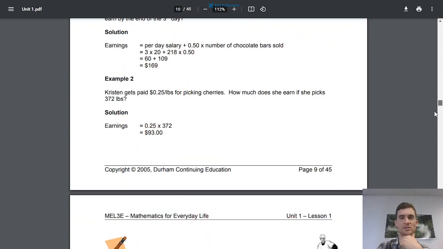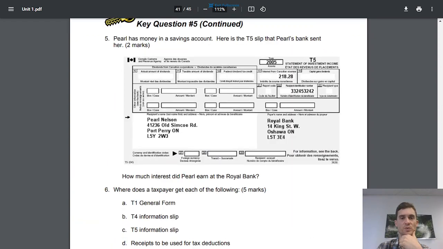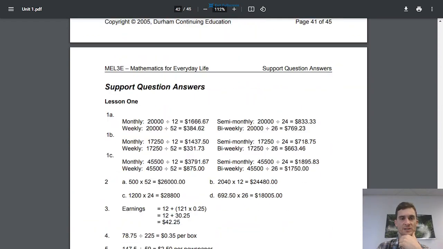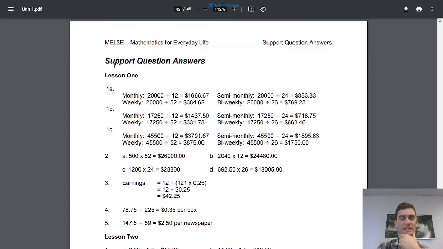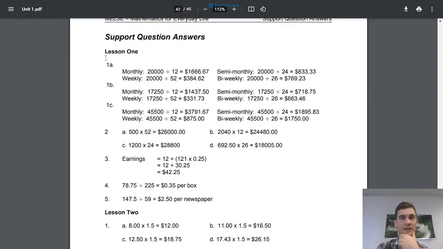So to get these answers, you go right down to the bottom, and you see that the answers are here at the back. So for the support question, lesson 1A, you have to divide 20,000 by 12, 20,000 by 52, 20,000 by 24, 20,000 by 26.